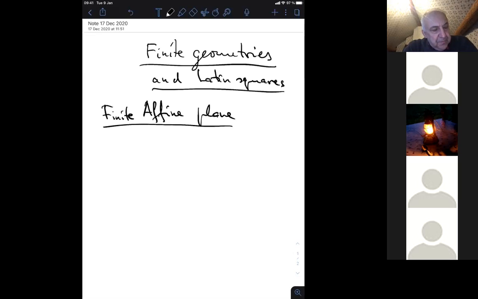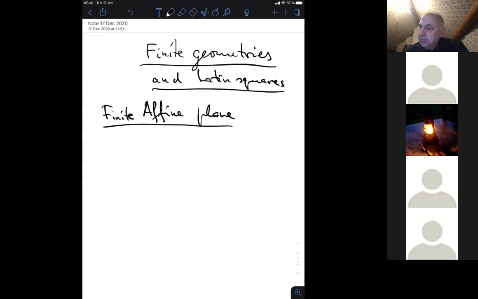And finally, the last thing which we'll need is, well, the last thing is probably not so natural in the usual Euclidean geometry, but it's important for the finite affine plane. So let me list the axioms of the finite affine plane.